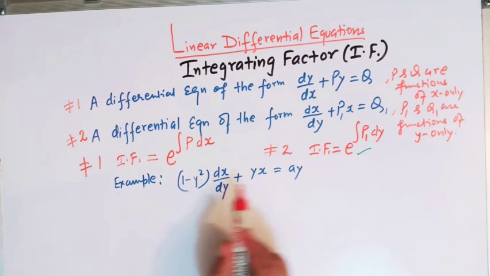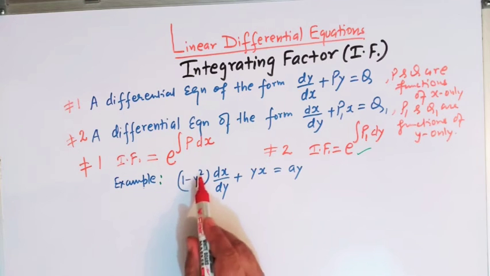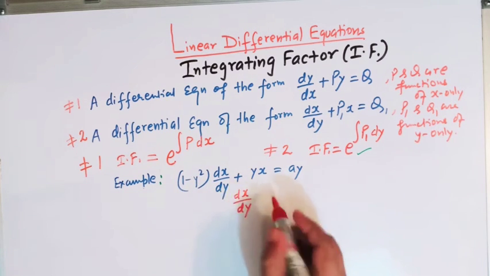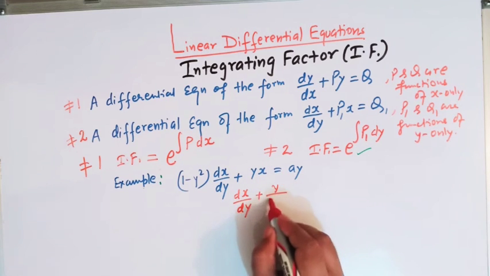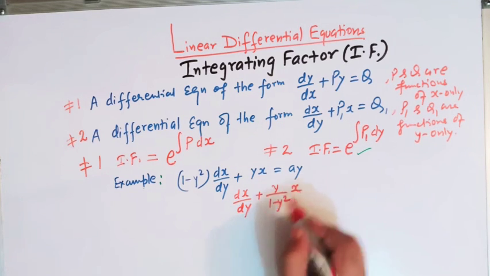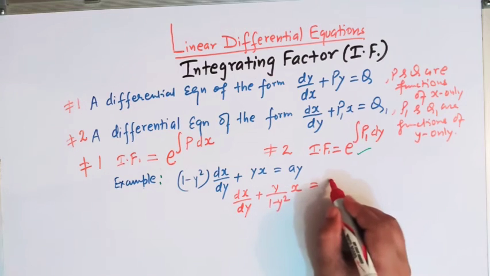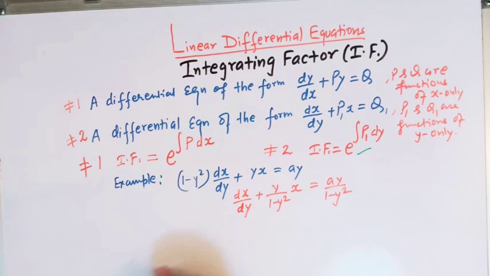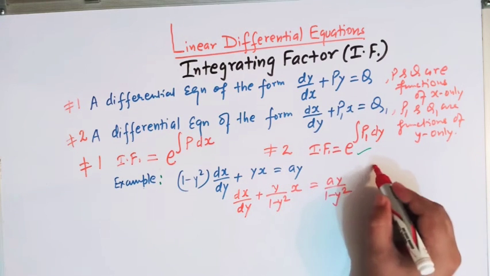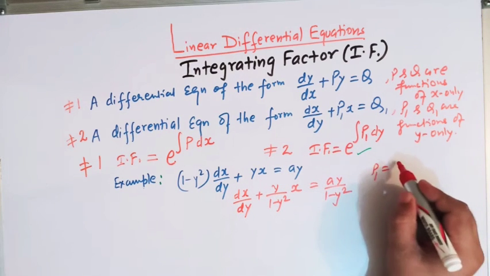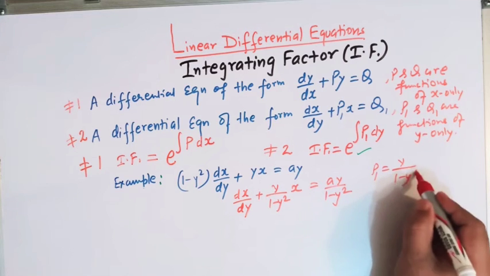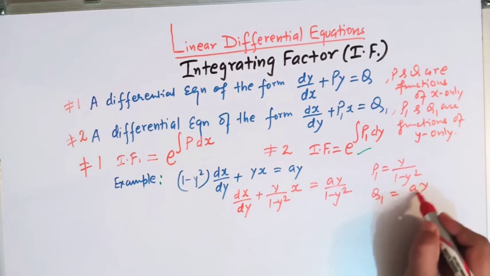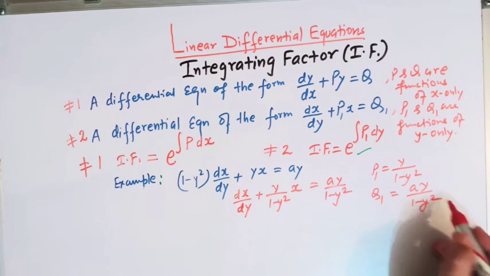So what we will do, we will divide both sides by 1 − y², so we have dx/dy + (y/(1 − y²)) x = ay/(1 − y²). Now if we compare both these equations, we get p1 equal to y/(1 − y²), and q1 equal to ay/(1 − y²).